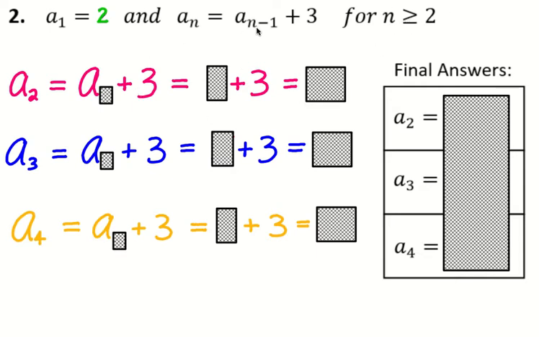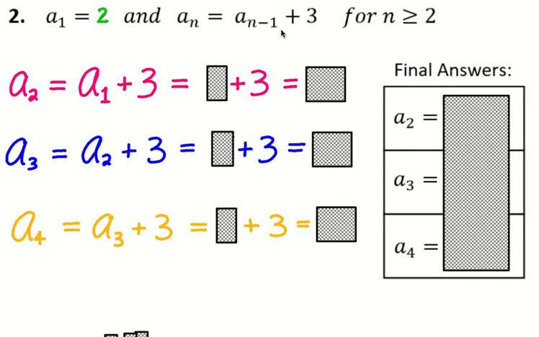But anyway, you could technically still plug in 2 for n, but that just means that this is going to become a sub 1. And when you plug in 3 here, that's just going to become a sub 2. And when you plug in 4, that's going to become a sub 3.